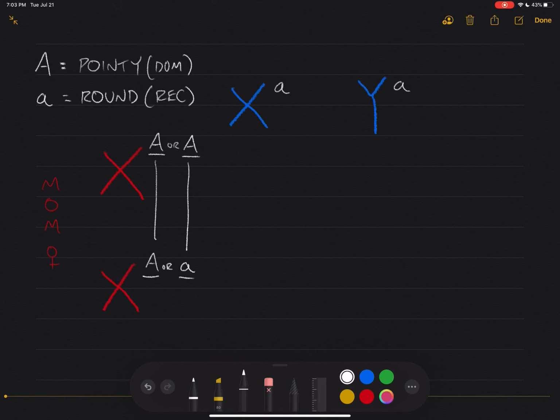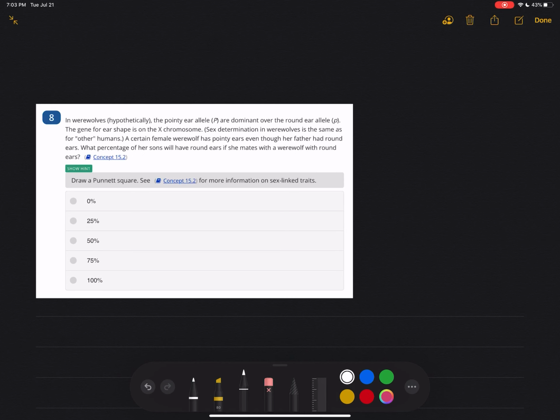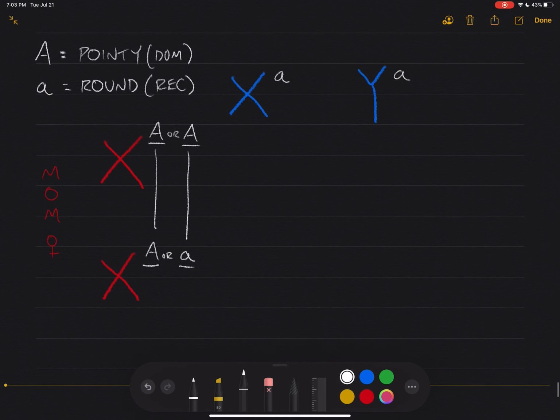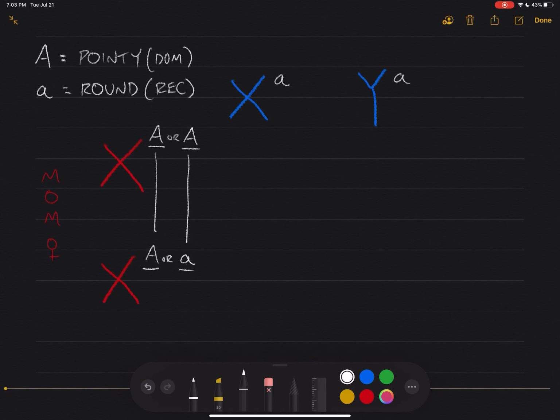How do we know which one she has? We can look and see that they give us a clue: her father had round ears. So if her father had round ears, which is the recessive, he had to have lowercase a, right?